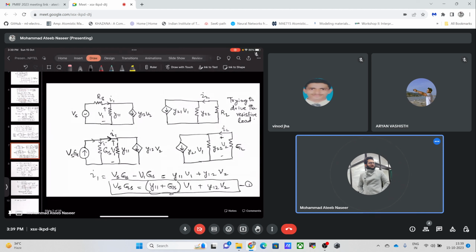y12 is the input current, that is, how the output voltage determines or affects the input current. Clearly, for amplification, we do not want our output to determine or change our input. So we want this y12 to be equal to 0.